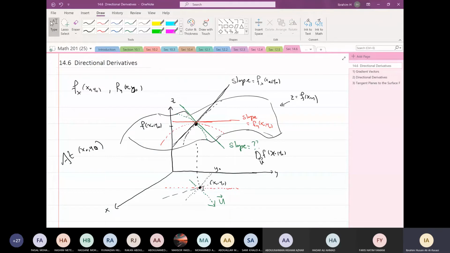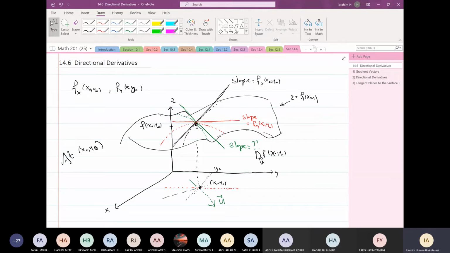As we mentioned before, I can use other directions, any direction I want. In fact, I will have infinitely many directions. And in each direction I choose, I will have a corresponding curve, then a corresponding tangent, then a corresponding slope. Okay. And you repeat the same thing for other directions.